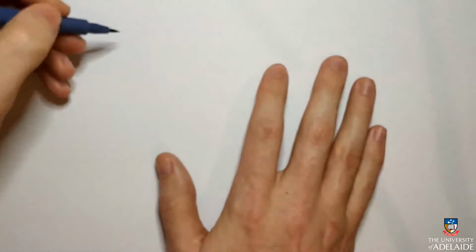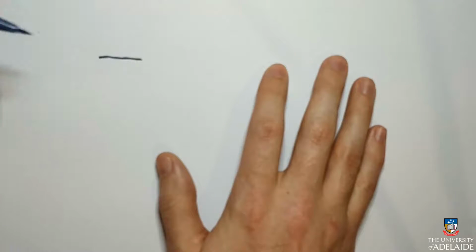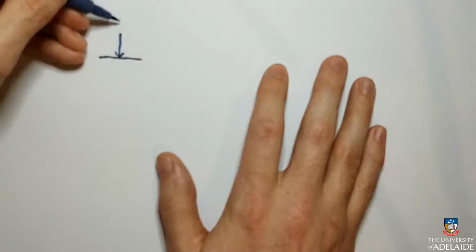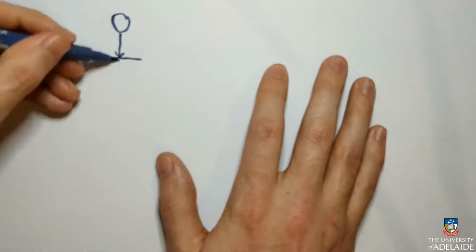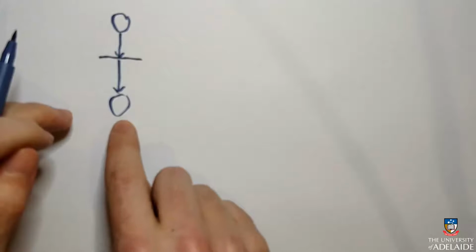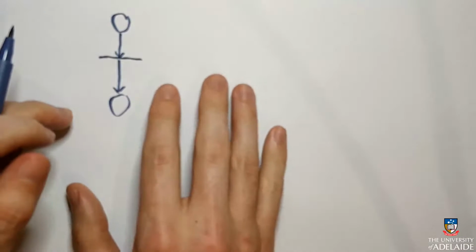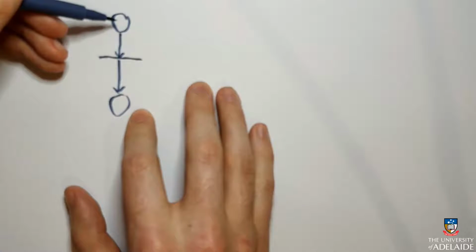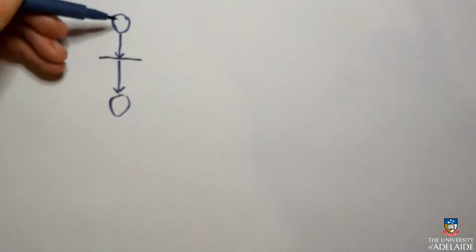So again, to recap, if I have a place and a transition and another place, this transition can only fire if this place's input condition is fulfilled.